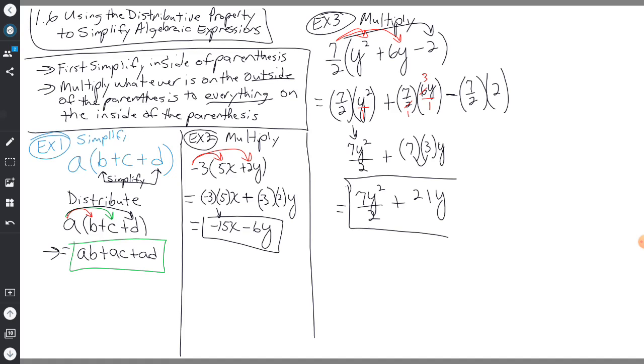All right, what can we do with that? Right, because this is like having that over 1. So 2 goes into itself 1 time. And now we have 7 times 1, and that's just going to give us minus 7 there. Now that's as far as we can go.